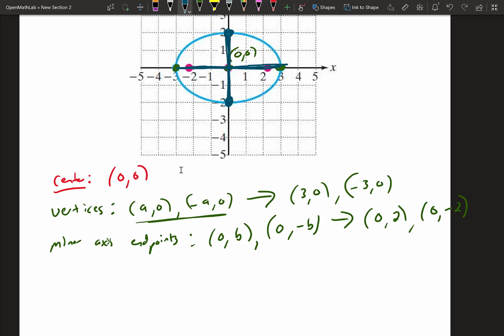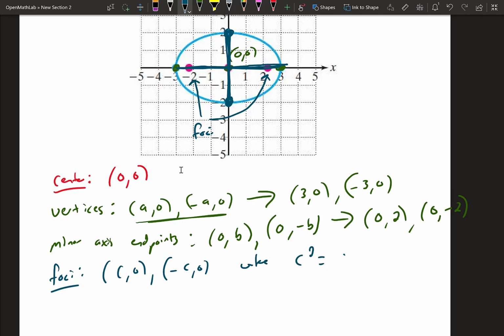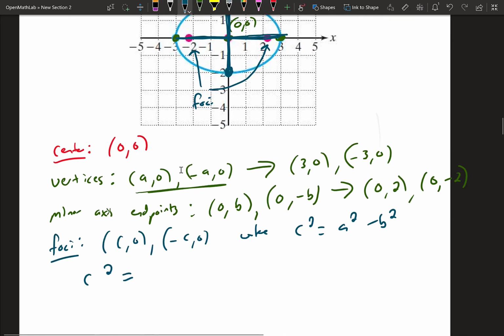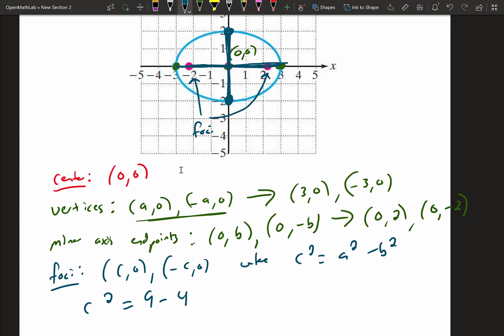And then the last thing we want to find are the foci, which are this point and this point. These are the foci. So the foci are c, comma 0 and negative c, comma 0, where c squared equals a squared minus b squared. So c squared is equal to, a squared was 9 and b squared is 4.